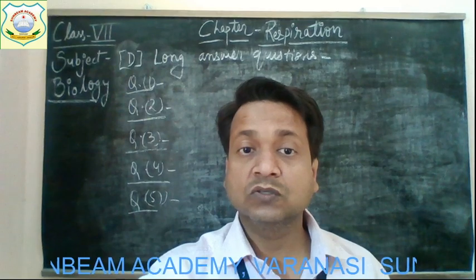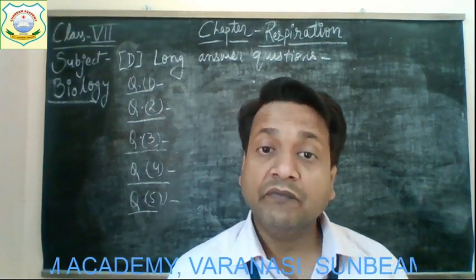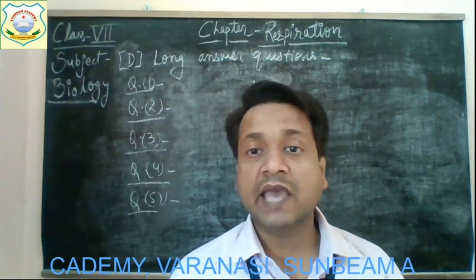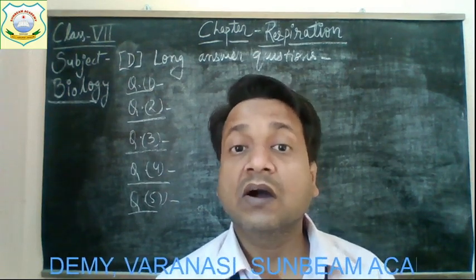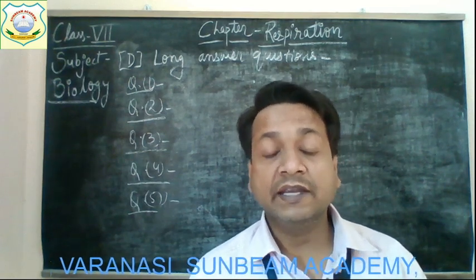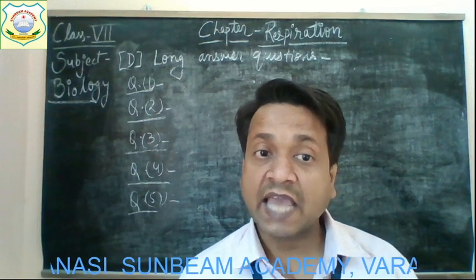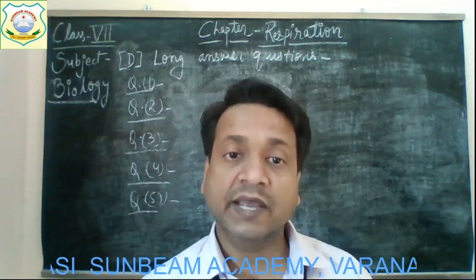Get it? So you can say that the air we breathe in eventually reaches the tiny sacs called alveoli, through the bronchus and its smaller branches called bronchioles, and the sacs are surrounded by blood vessels.